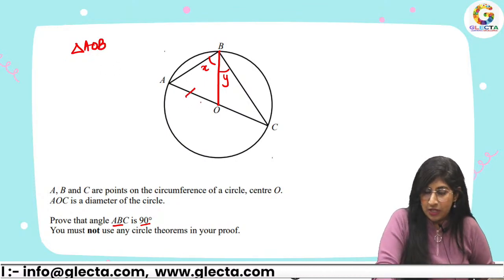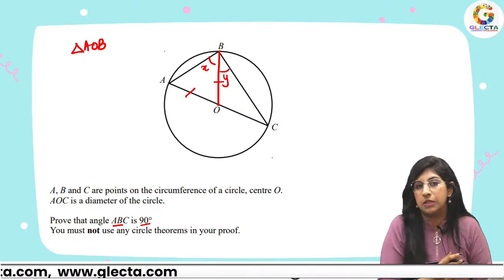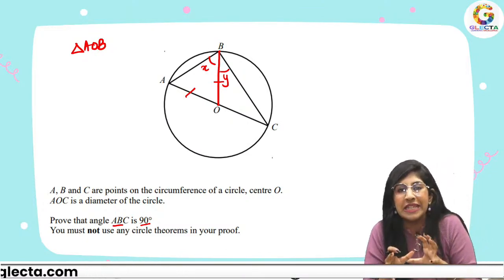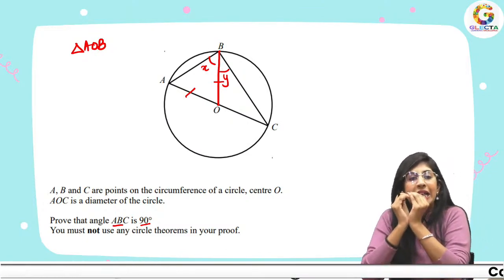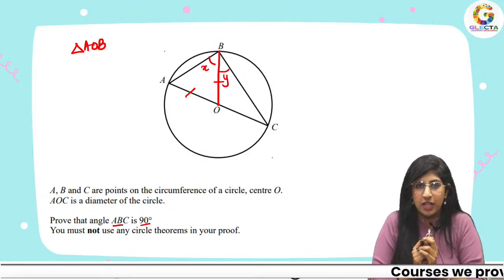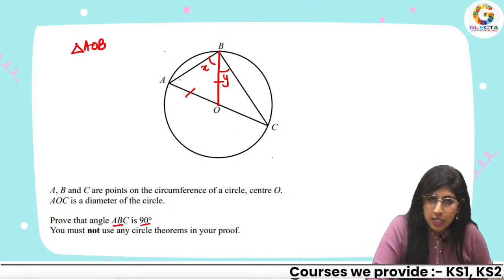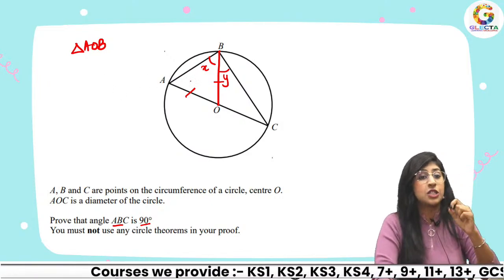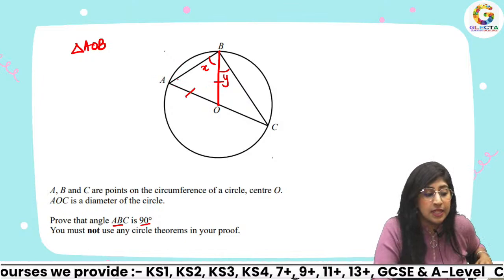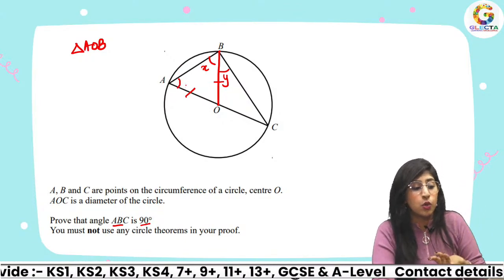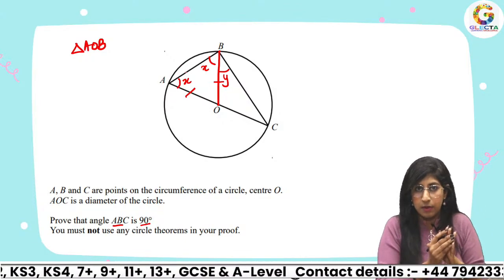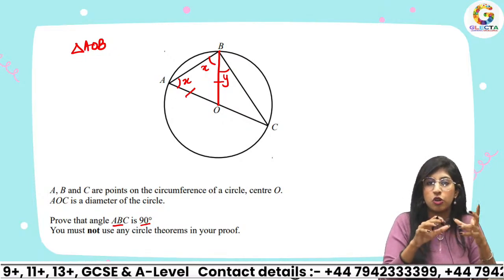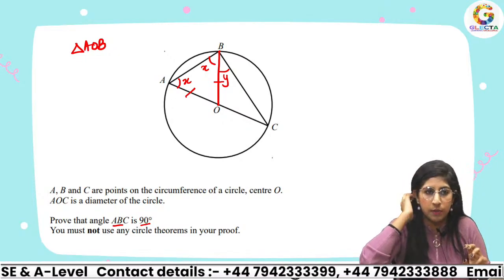AO is the radius. OB is the radius. Two radii always form an isosceles triangle. If this is an isosceles triangle, then this angle over here is going to be X again, because in an isosceles triangle, two angles are equal.